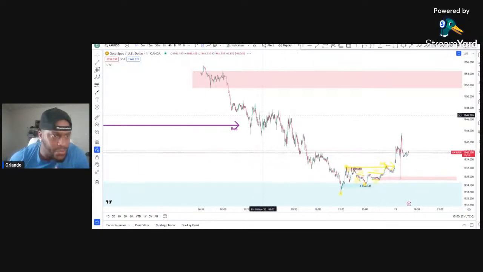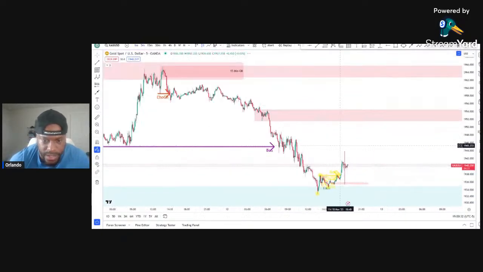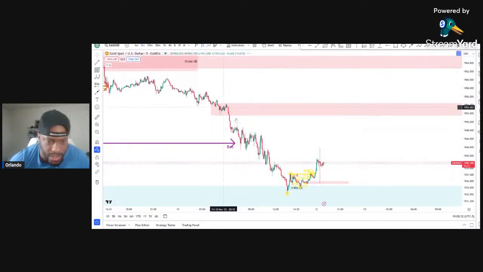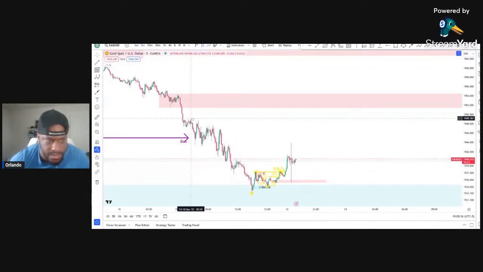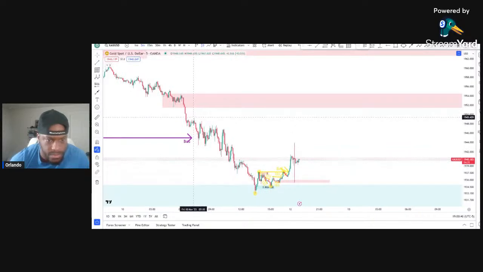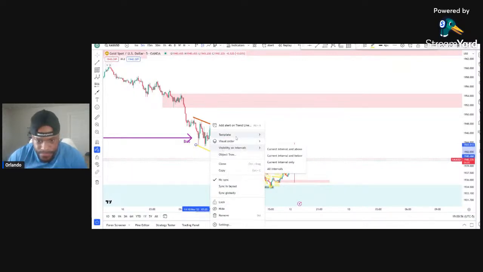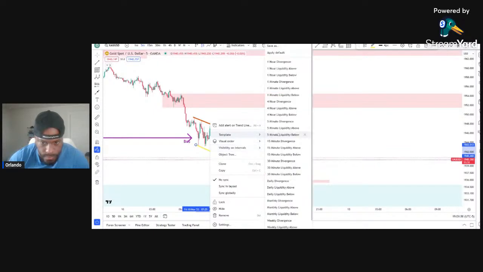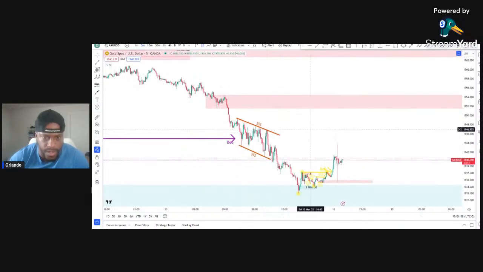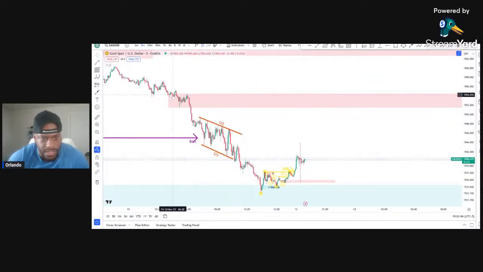All right, so let's see where the liquidity is right here. That funky looking triangle on that channel right here. Mark this out as liquidity, 5-minute liquidity above and below. Like I said, that's the zone of interest right here.